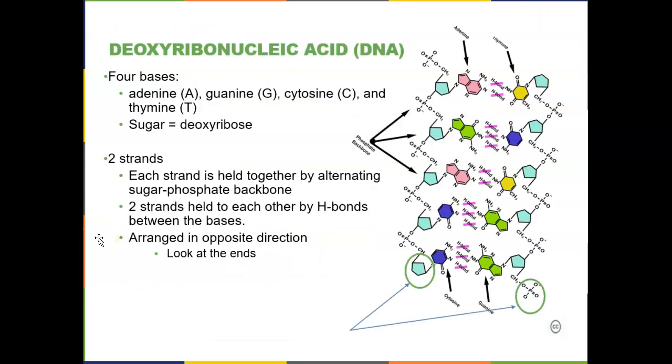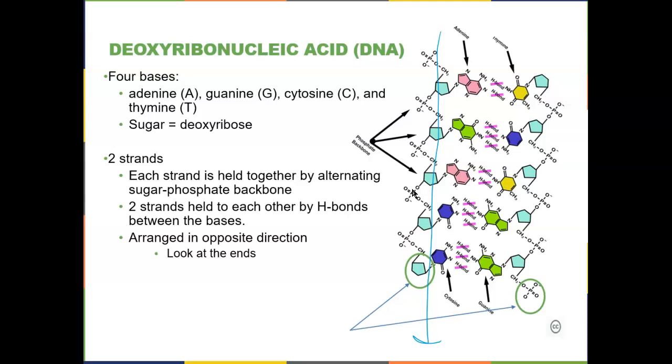So with DNA, it is 2 strands held together by the sugar-phosphate backbones that get put together to make one big supermolecule. So again, you have sugar, phosphate, sugar, phosphate. So this is 1 strand.